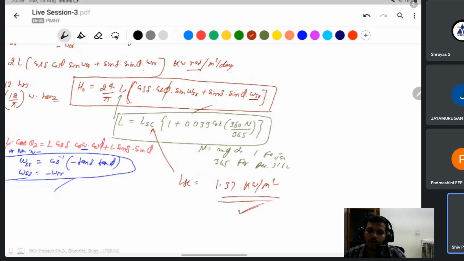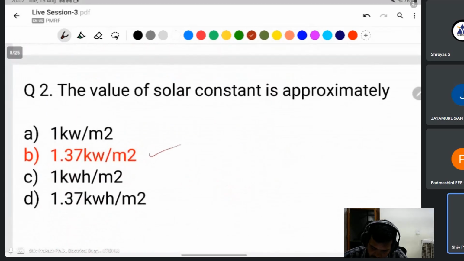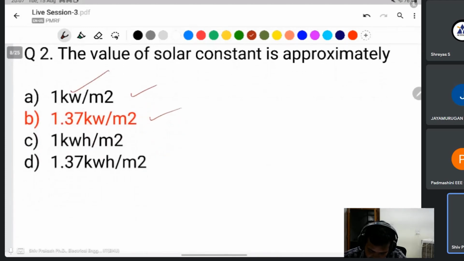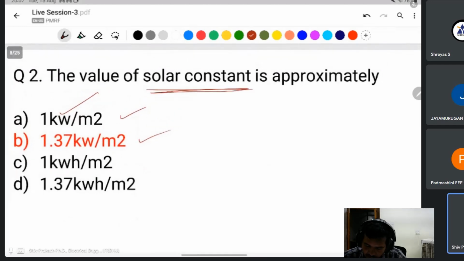This is the radiation outside the atmosphere of the Earth, and solar insolation is from outside the atmosphere to Earth. That's why it will be 1.37. At the surface of the Earth, the standard is 1 kilowatt per meter square. The solar constant is above the atmosphere of the Earth.